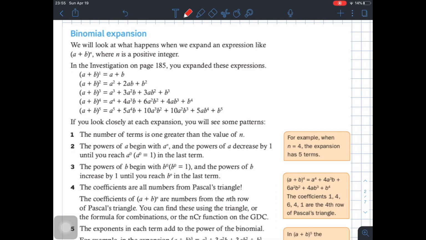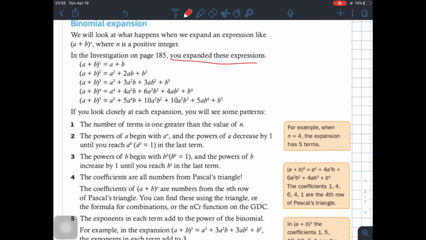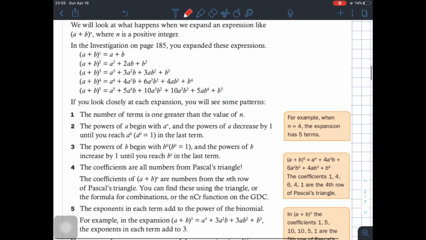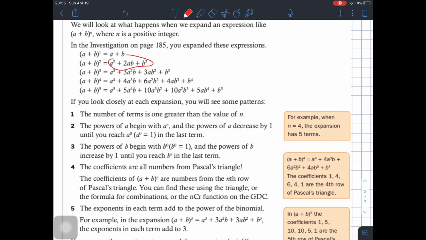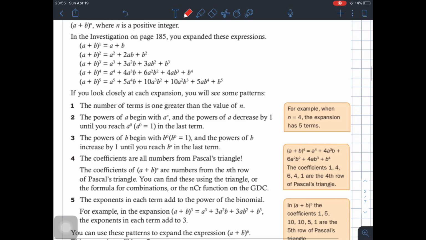Okay. In the investigation we did previously, you expanded this expression. So we saw how to expand this, right? (a + b) to the power of 1, (a + b) to the power of 2, and we saw that each of the coefficients in front corresponded to the coefficients in Pascal's triangle, right?